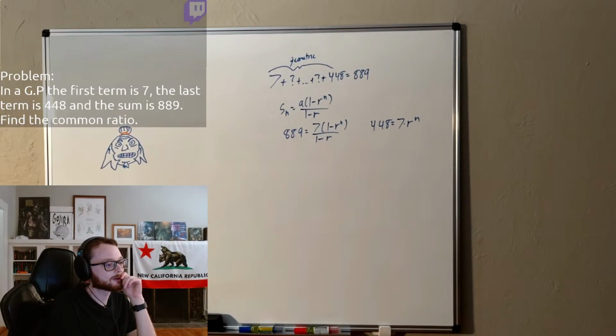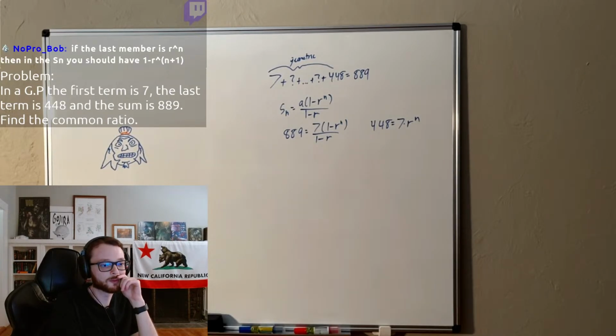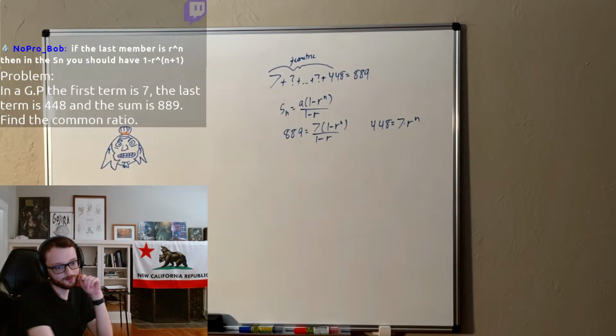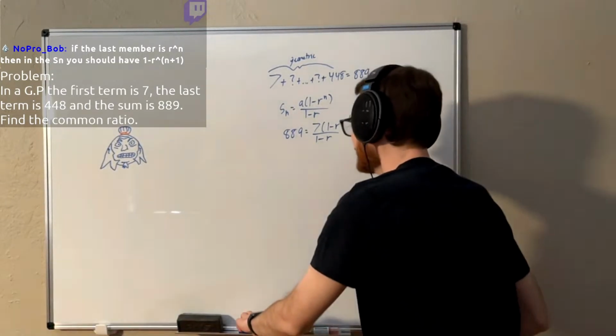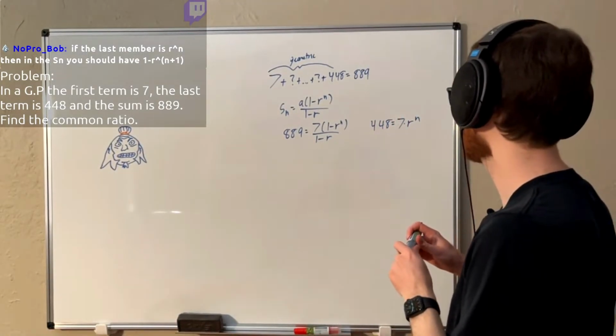We can always check our answer. Class members are to the end. Oh, really? They do have to be offset like that? Okay, fine. I'll make it n-1 then.